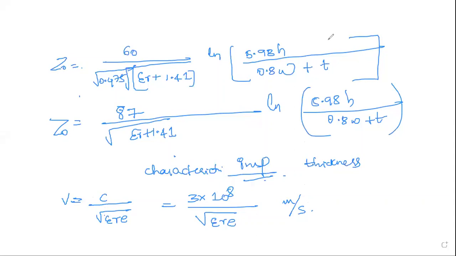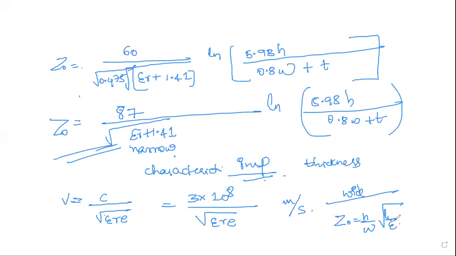And this equation is for a narrow microstrip line. If we are going for a wide microstrip line, Z naught is given by h by w into square root of mu by epsilon.